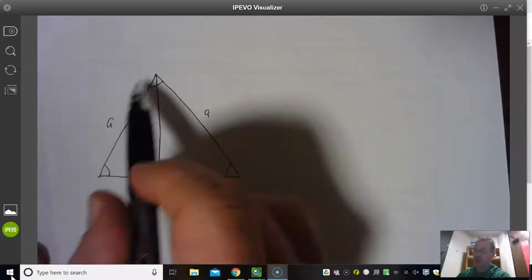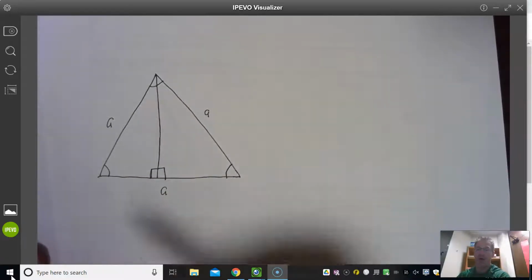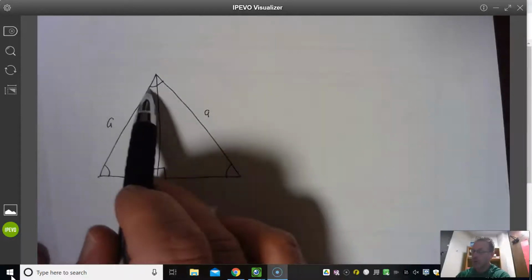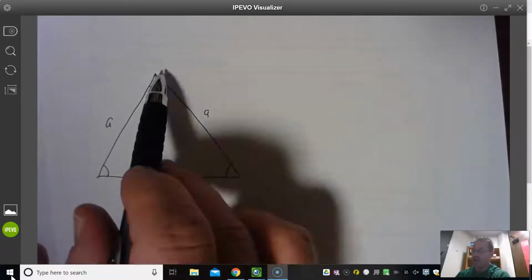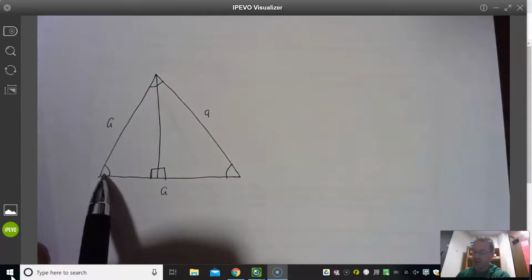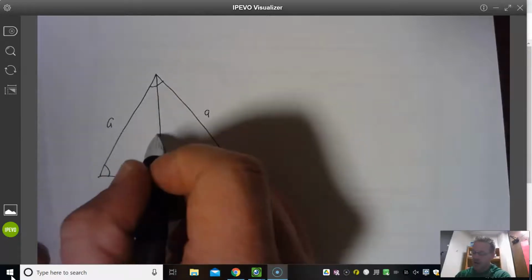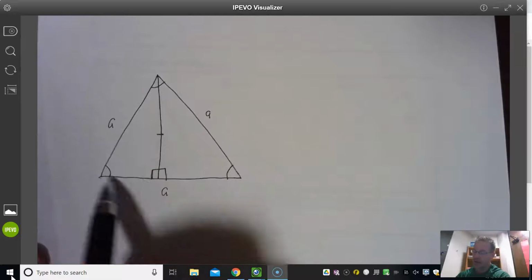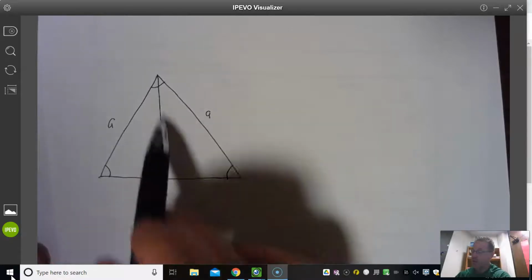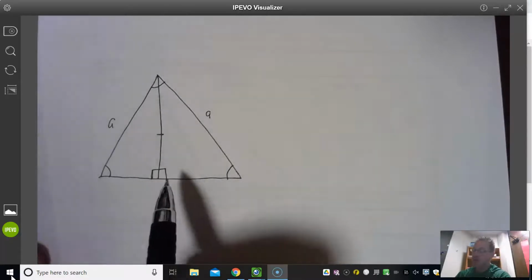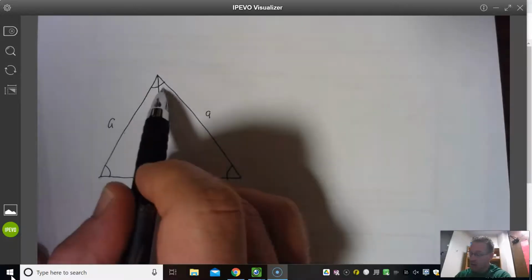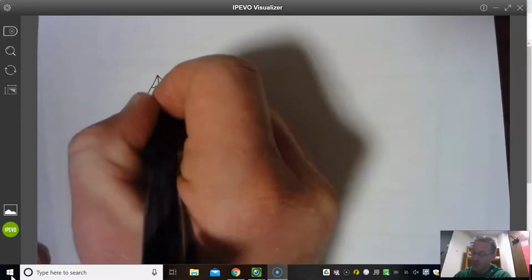And notice if we have an equilateral triangle, we know all the angles have to be 60. So this was 60, this was 60. This whole angle up here is 60. But if I drop this altitude, notice if this is 60 and this is 90, and we know the altitude is congruent to itself, we know that this triangle on the left is congruent to the triangle on the right, which means, by angle, angle, side, that the two angles up here have to be congruent to each other.